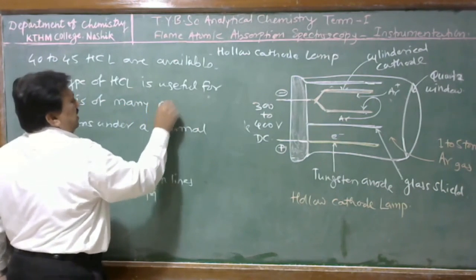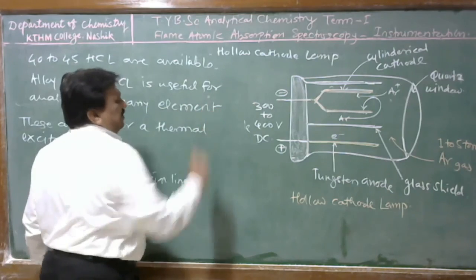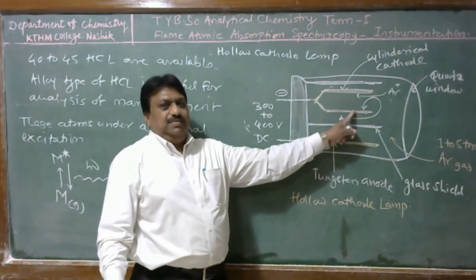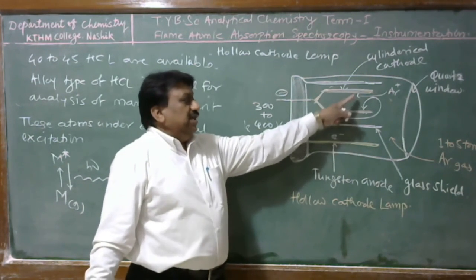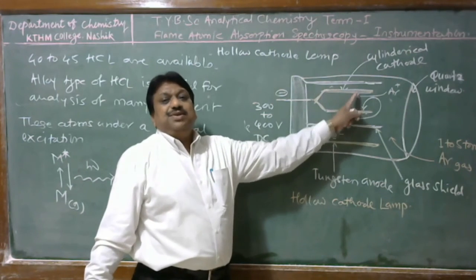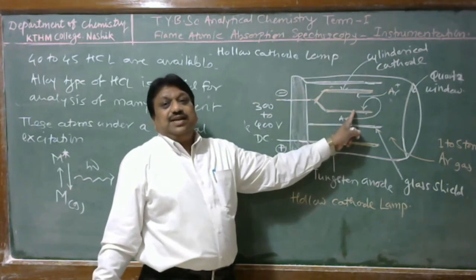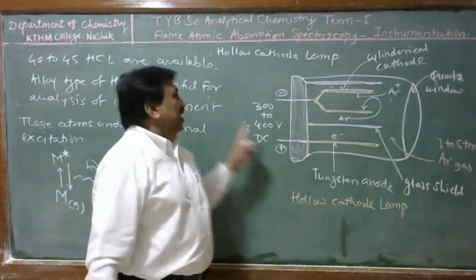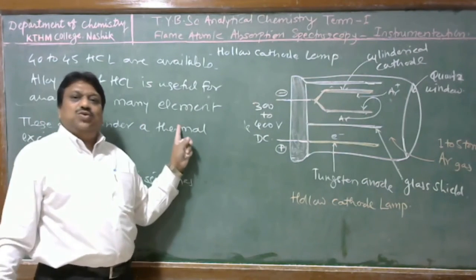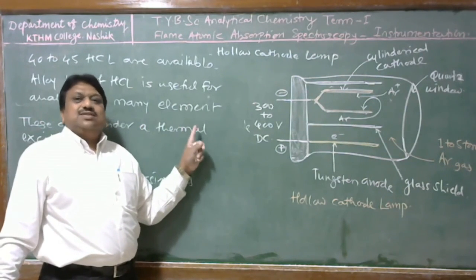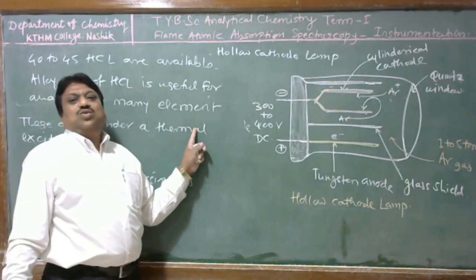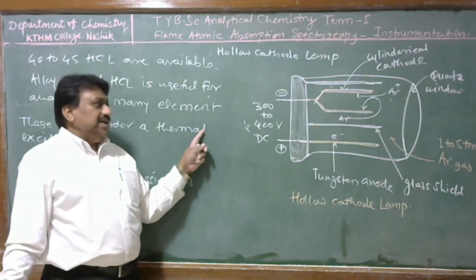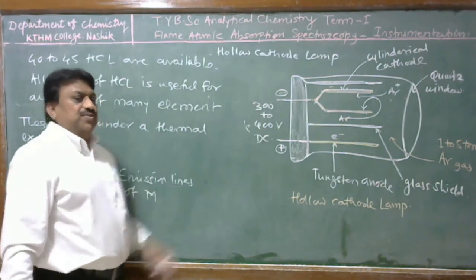That means a single hollow cathode lamp containing an alloy material, that is, a mixture of two or more metals, allows the emission lines of those elements. Therefore, we can determine all those elements using a single hollow cathode lamp. Alloy form of hollow cathode lamp is useful when the emission lines or resonance lines are not near one another, that differ widely in their wavelength range, and those are determined by the alloy type of hollow cathode lamp.